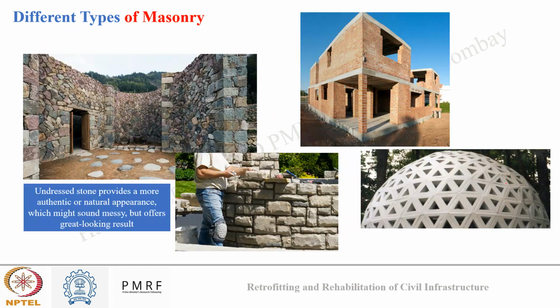Here you can see an example of both. These are undressed stone masonry, and these are more dressed stone masonry. From the images you can see undressed stone provides a more authentic and natural appearance, which might sound messy but offers a great looking result.